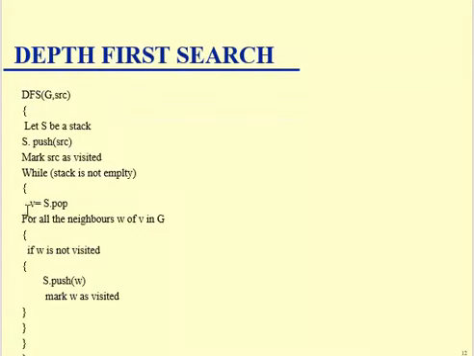Suppose the popped element is V, then for all the neighbors W of V, if W is not visited, you have to push that into the stack and mark this as visited. Okay. So here also, once you are popping, write one more line, print V, because you have to take the output also. Otherwise all these things are the same.